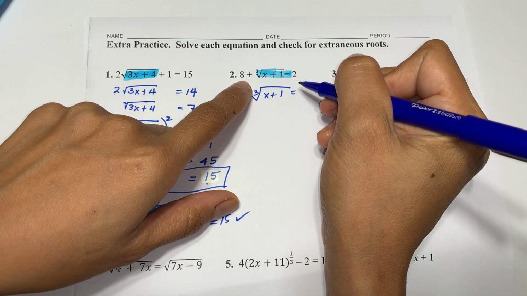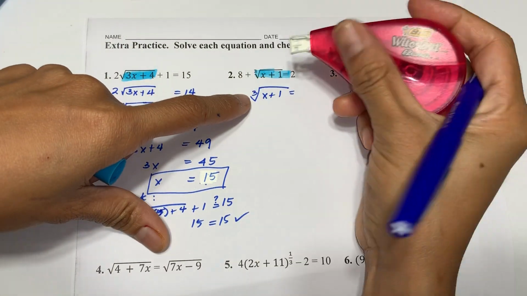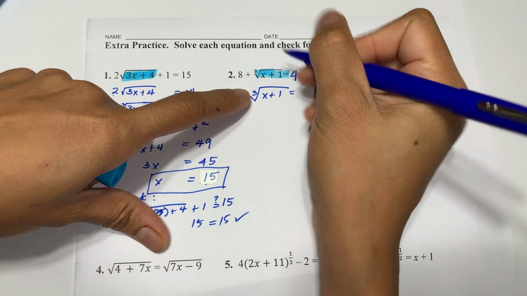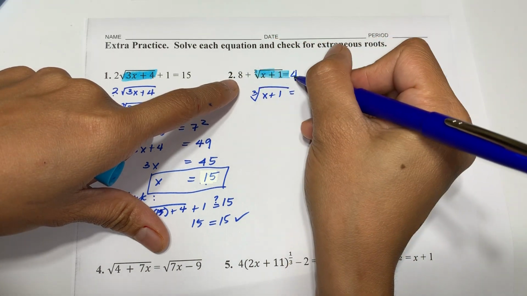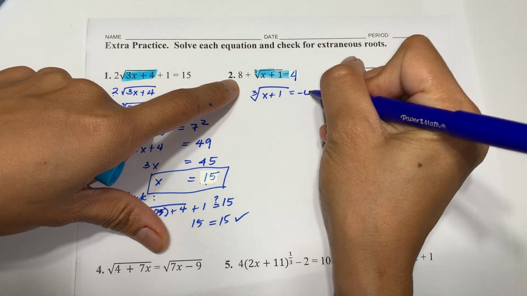Oh, I changed this problem so that the number is not so big. I've changed this to 4. Sorry. Okay, so 4 minus 8 is negative 4.